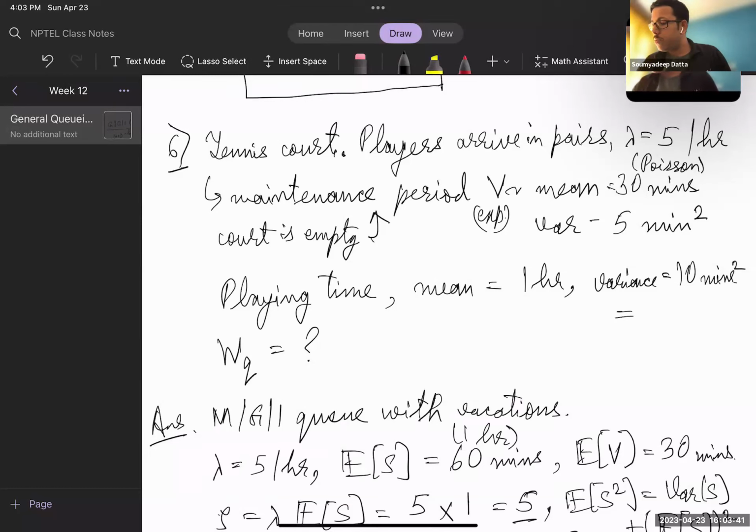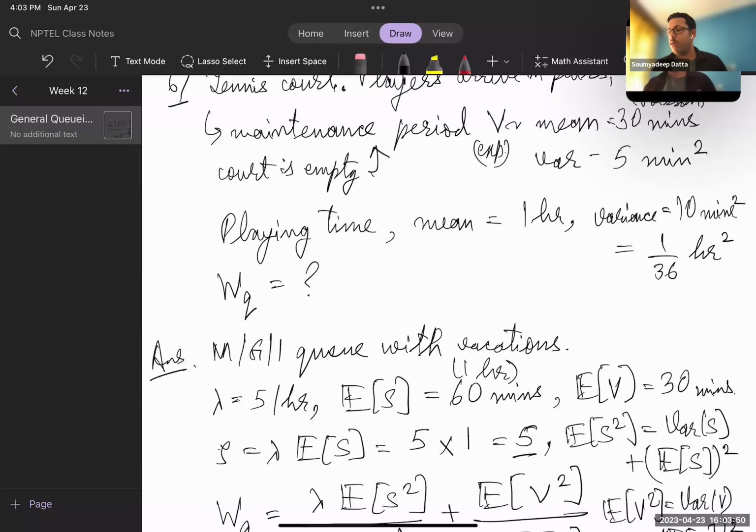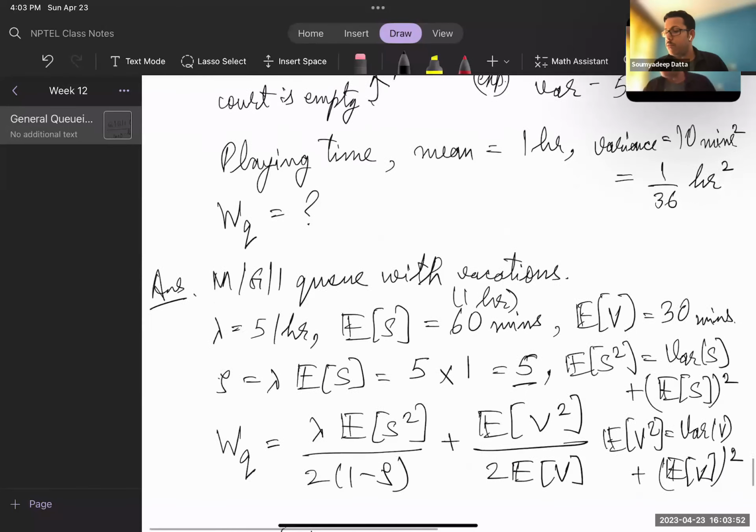We can convert it into hours squared, so this will be 1 by 36 hours squared, because we divide by 60 into 60.